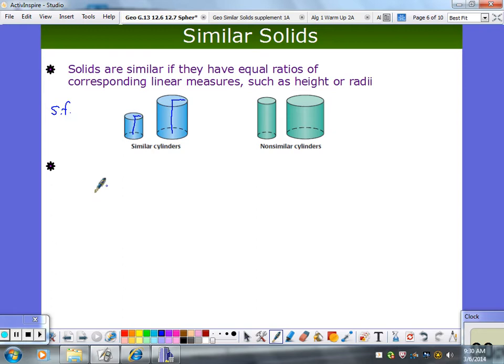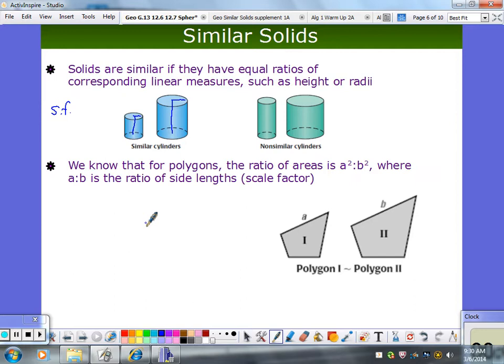Same rules apply. These are not similar because they're not proportional, right? So we know this: if you have a 2D polygon figure, the ratio of areas is a squared to b squared if you know the scale factor. So a to b, the side length, will give us a scale factor.